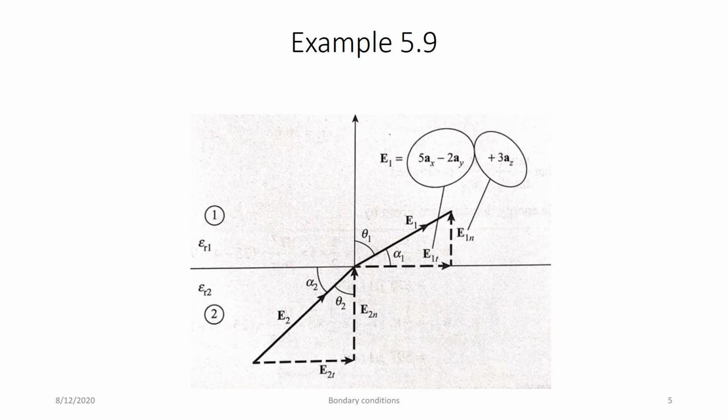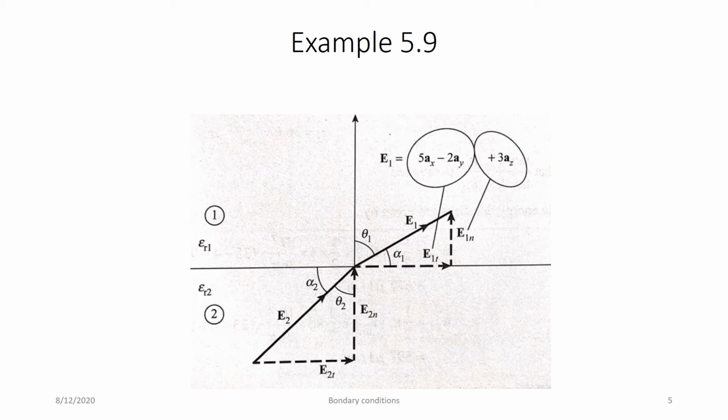So here the diagram is drawn. Vectors are decomposed into two parts. One is E1, and E1 is a given vector, so we can decompose it into two components, E1t and E1n: minus 5ax minus 2ay, and E1n, which is along the z-axis, plus 3az.